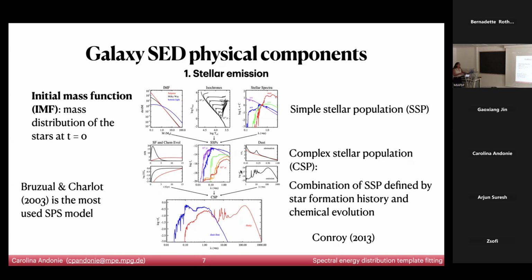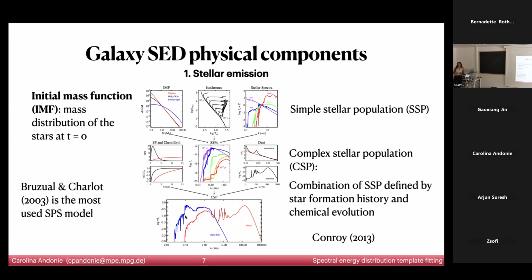And then we need to take into account the star formation history and the chemical enrichment evolution over time of the galaxy to model the complex stellar population, because the simple stellar population model is an idealization, since we know that the stars were not born at the same time. And when we combine all this, we have the SED of the stellar population, which is shown in blue.